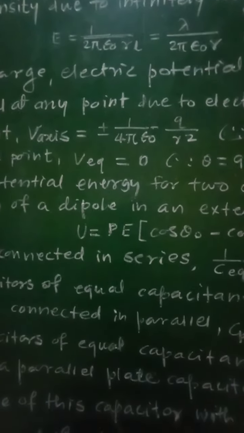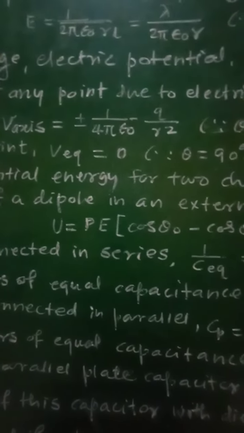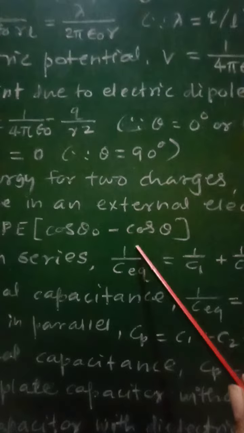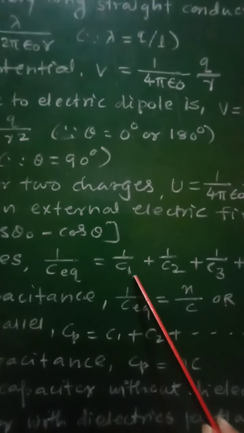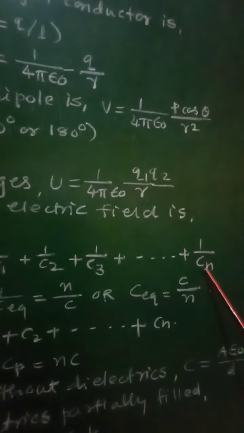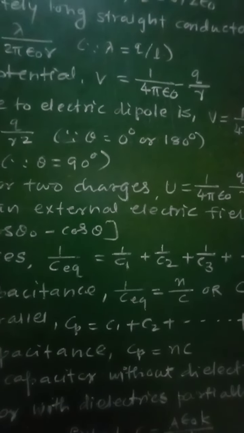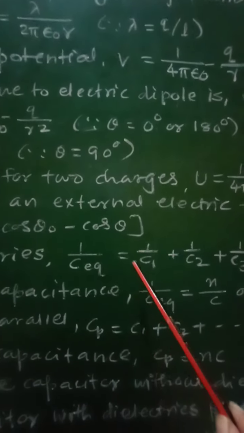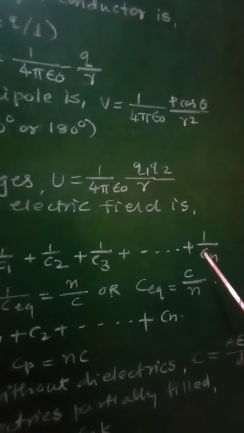If n capacitors having capacities C1, C2, C3 up to Cn are connected in series, then their equivalent capacitance is given as 1 upon C equivalent equal to 1 upon C1 plus 1 upon C2 plus 1 upon C3 plus 1 upon Cn.